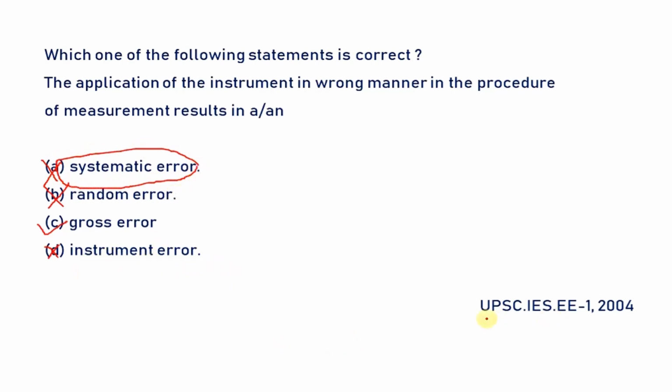This is a very important question from the 2004 IES exam. Today I have taken only IES questions that are related to errors only. So you can get a better idea what type of questions are asked in the IES exam related to errors. Okay, so let's go to the next question.